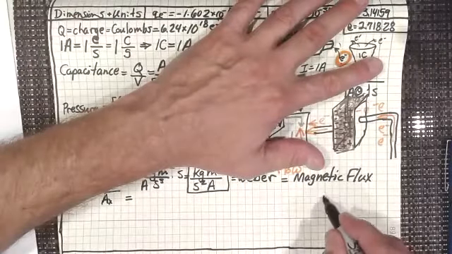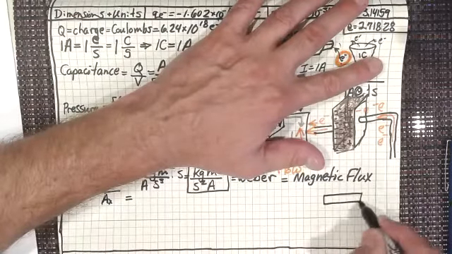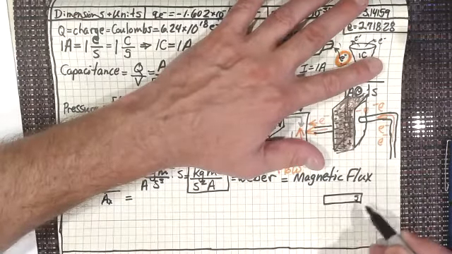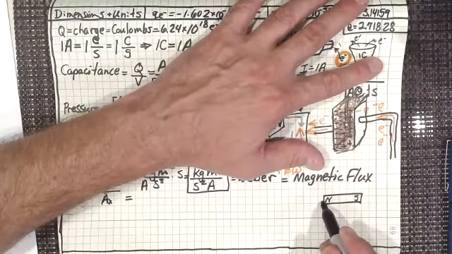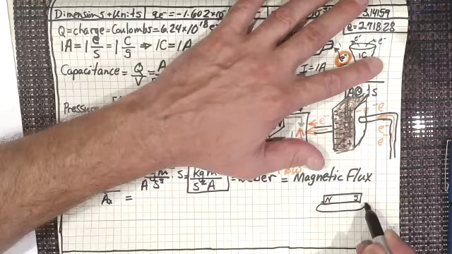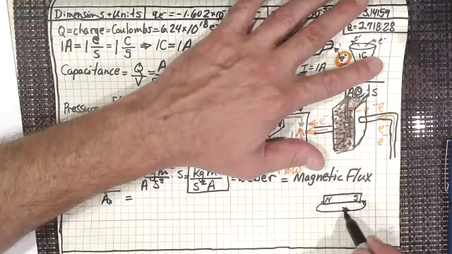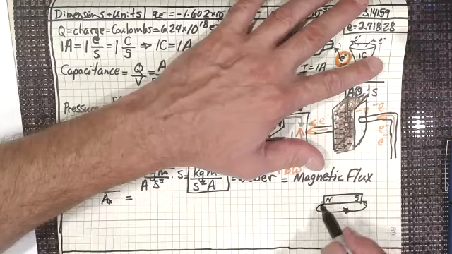Let's say that I had a bar magnet right here, right? And this is the south end, and this is the north end. Well, I have flux that's going to be flowing out of the north end into the south end. I'll just put some arrows here as to the direction it's going, right?